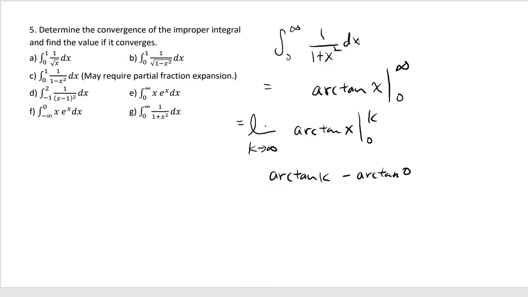So let me delete this. Okay, it's limit k going to infinity of this. So that means I need to know what arctan of infinity is. And surprisingly, this is not equal to infinity. It's not equal to 0 or 1. It's actually some strange value.